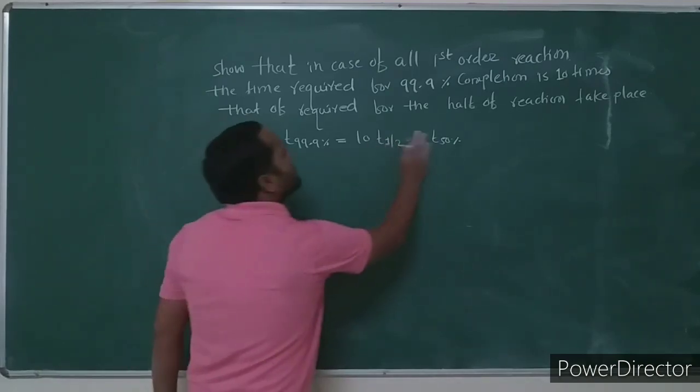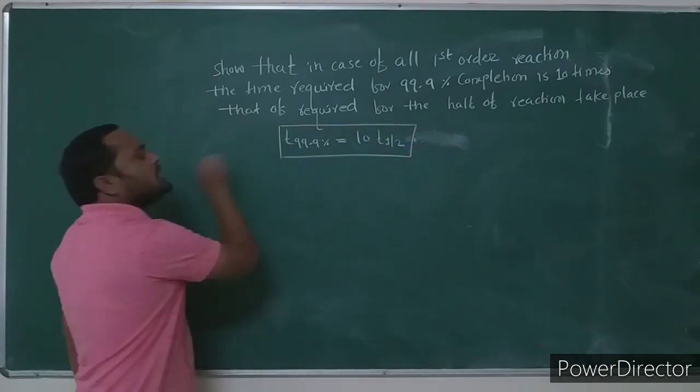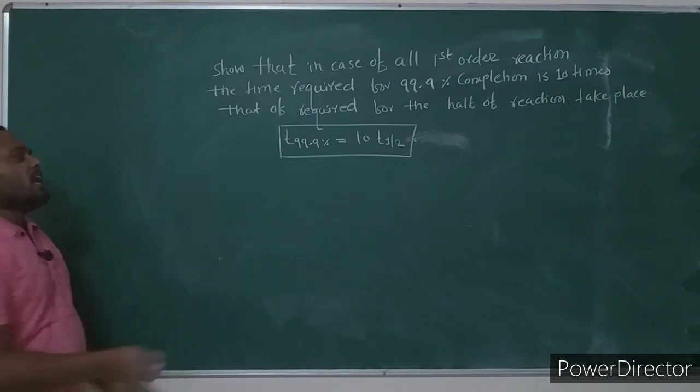This 50% reaction time we can represent as T half or T 50%. We show that T 99.9% is equal to 10 T half.